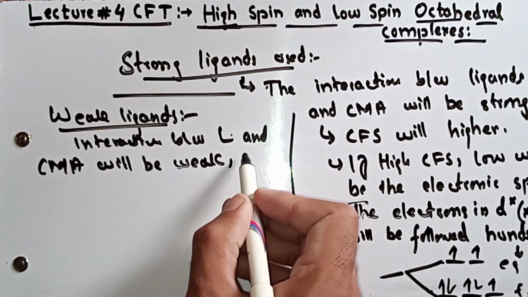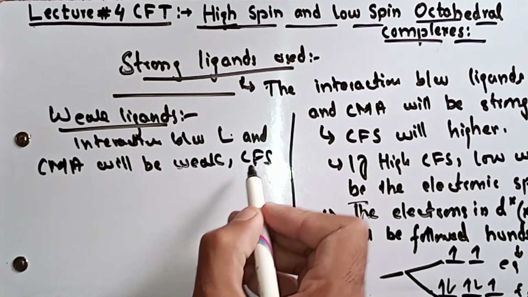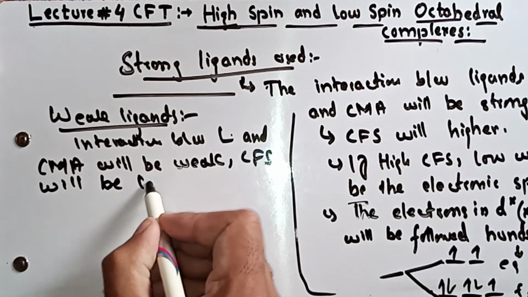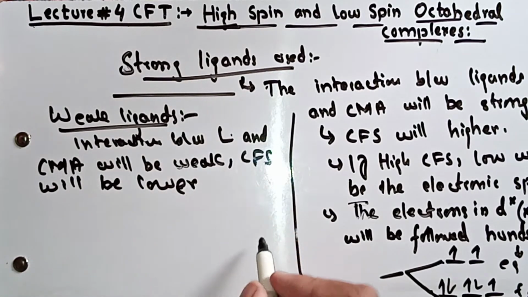So the crystal field splitting will be lower. The difference between eg and t2g is larger in strong field complexes, and in weak field complexes it is smaller. That means the crystal field splitting, delta naught, is low in a weak field, while in a strong field it is very high.